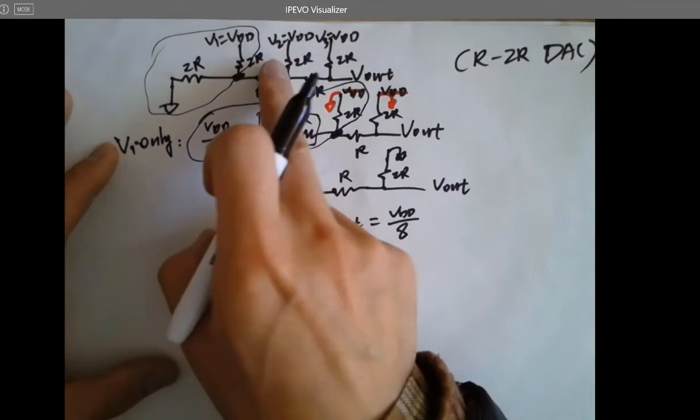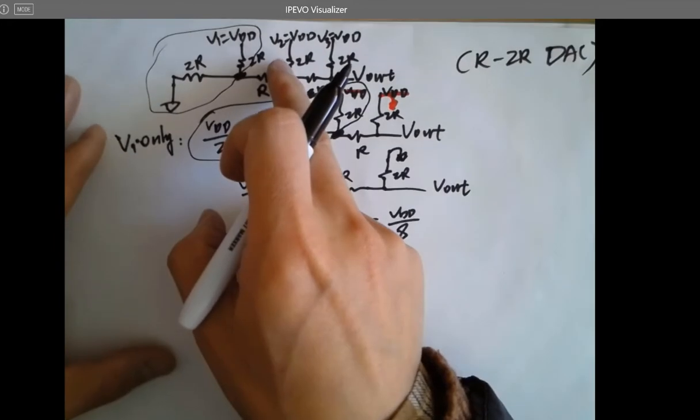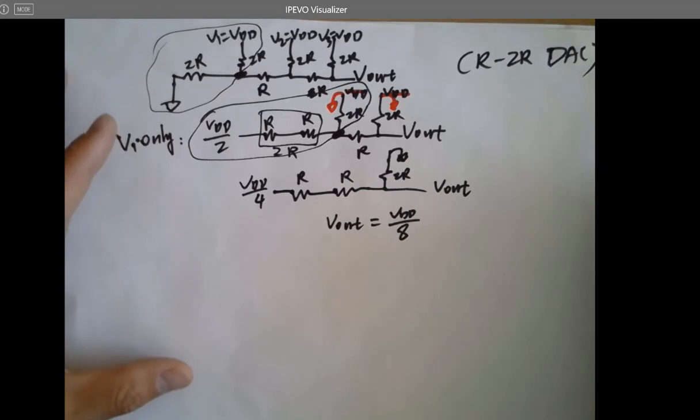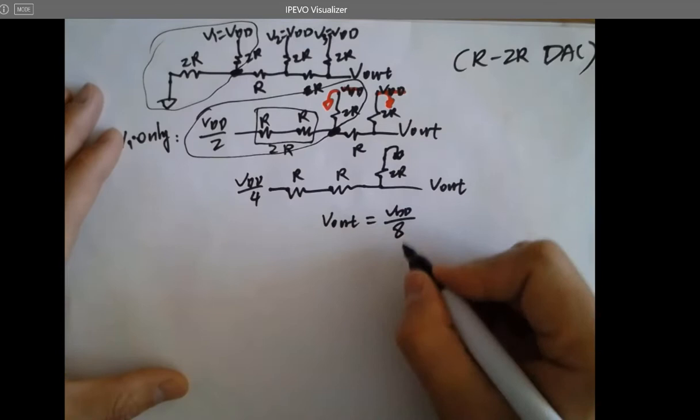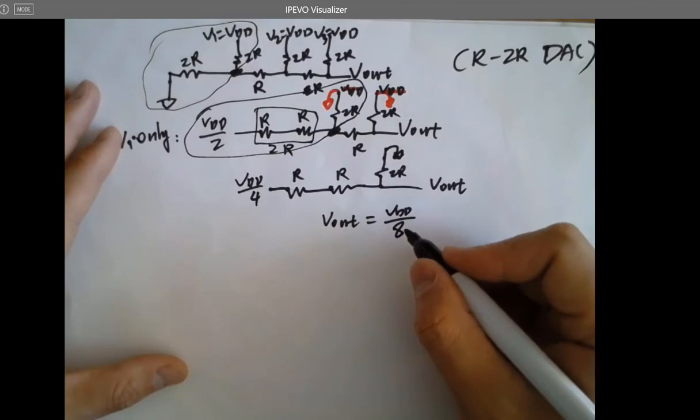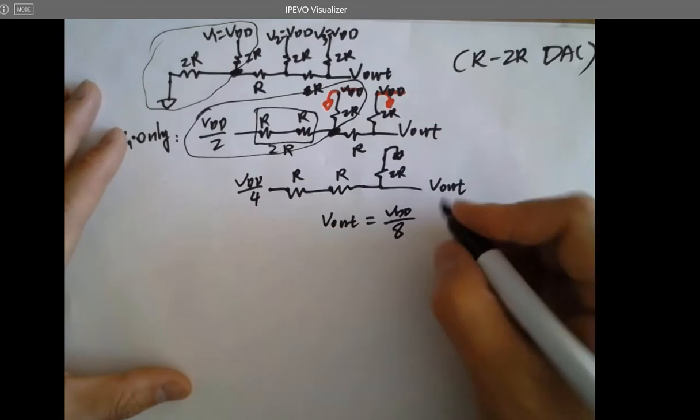So what's the resolution of this digital to analog converter? You can say 3-bit or 2 to the 3rd, right? So this is how many LSBs? 1 LSB.